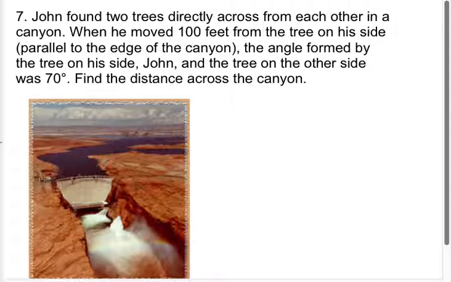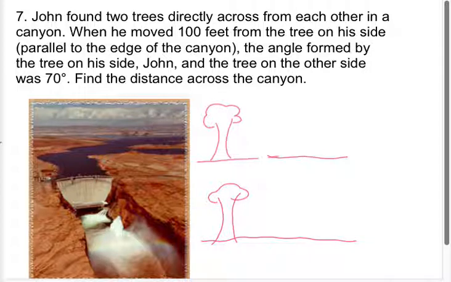And our last example. John found two trees directly across from each other on the canyon. Okay, so 2 trees. They're directly across from each other, so here's the canyon.